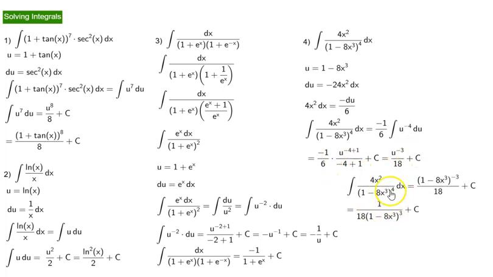Again, resubstituting u with what we had assigned, we get (1 minus 8x cube) to the power of minus 3 divided by 18 plus c. Or simplifying it further, we get 1 by 18 times (1 minus 8x cube) to the power of 3 plus c.